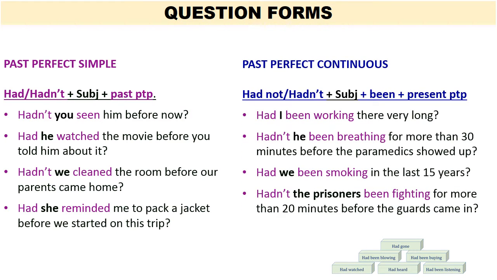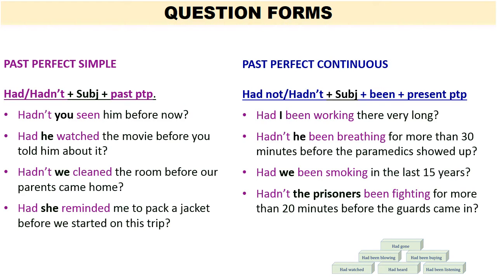Now let's look at the question form for the past perfect continuous tense. Again, we can either use had not or hadn't plus the subject plus been plus the present participle form of the main verb. We can also begin with had, just like with the past perfect simple.